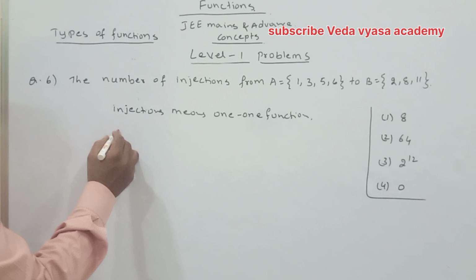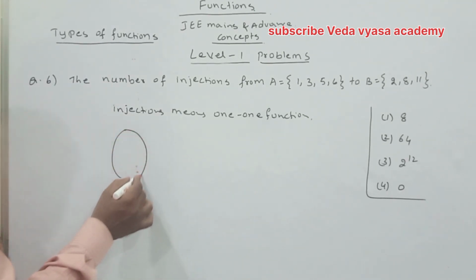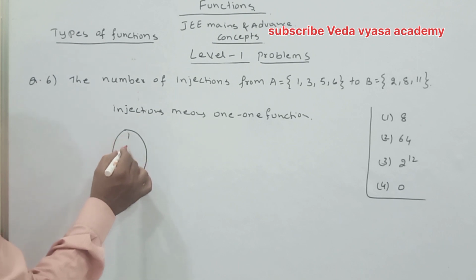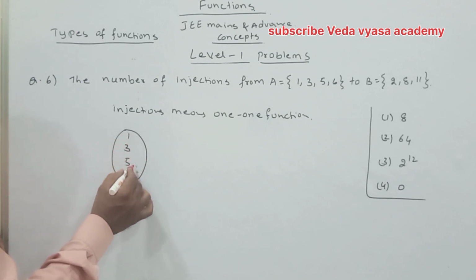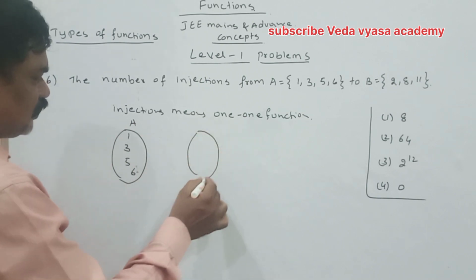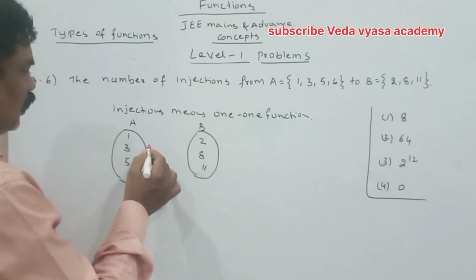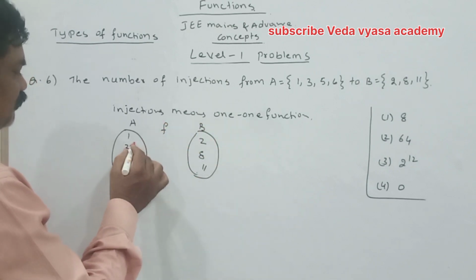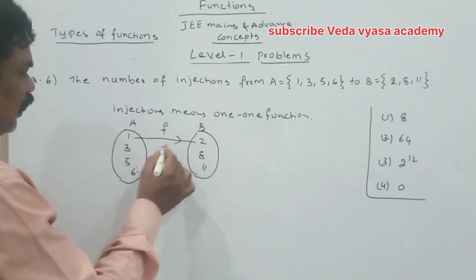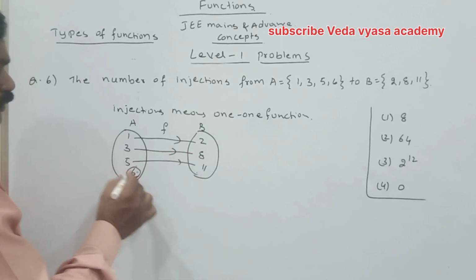Here you observe, this is the function A: 1, 3, 5, 6. This is A function. Function B: 2, 8, 11. So F is a function from A to B. 1 has an image, 3 has, 5 has. But what about 6?